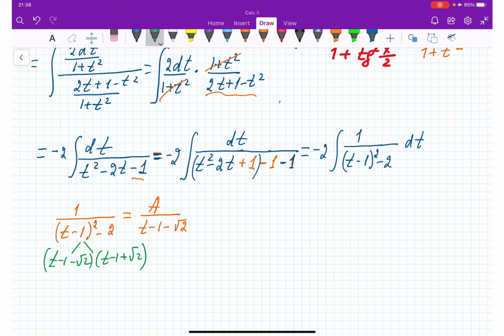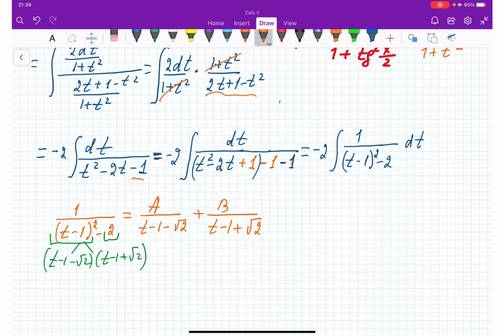Difference of squares. This is a squared, this is b squared. We good? All right. So plus b over t minus 1 plus square root of 2.